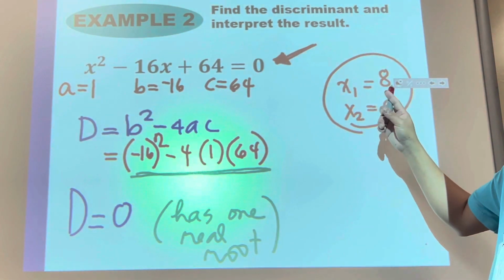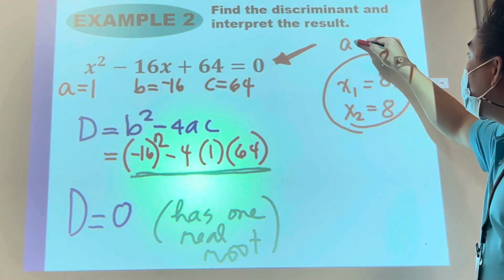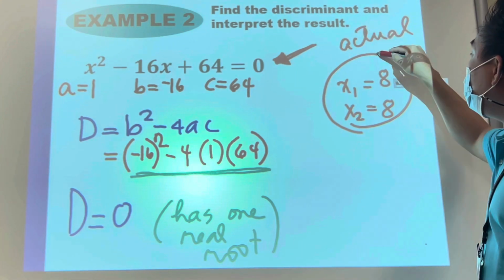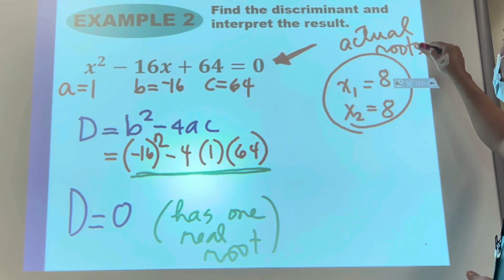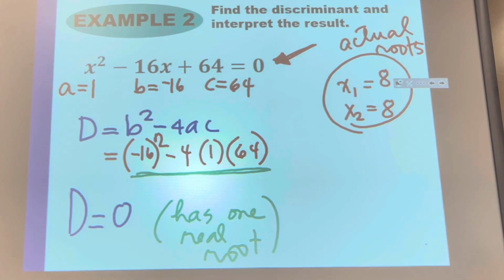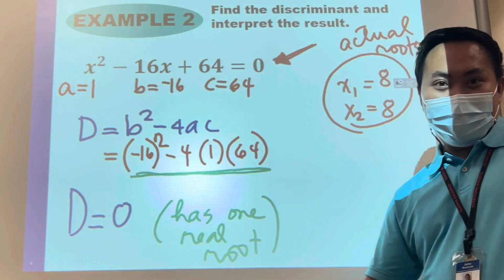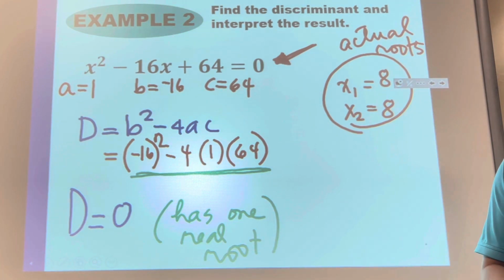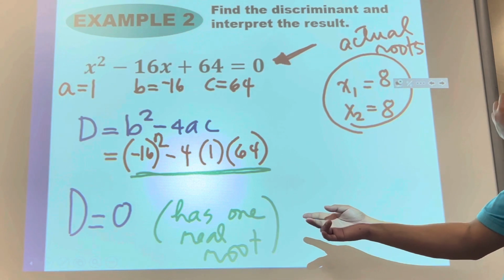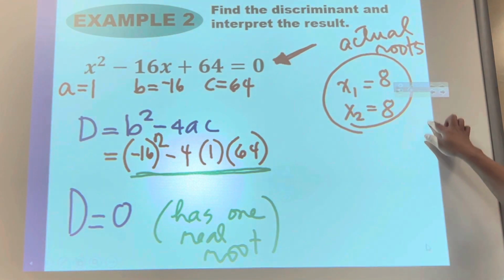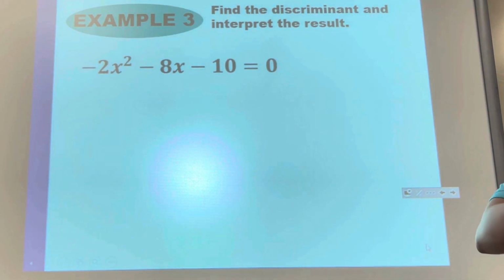By the way, this is the actual root. So it's like you're just predicting the nature of the roots, what kind of roots it has. That's using the discriminant.